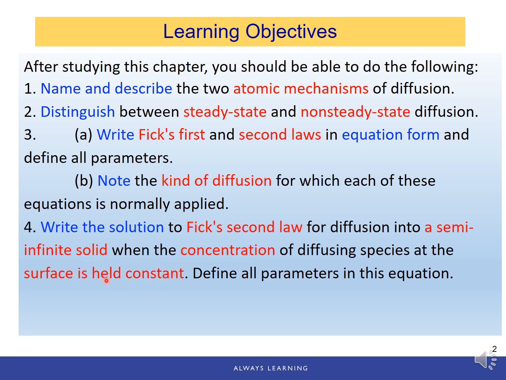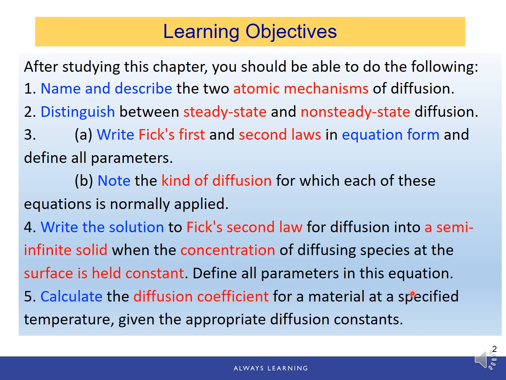So based on that condition, we can write a solution to Fick's second law. And again, you should be able to define all the parameters in this equation. Calculate the diffusion coefficient for a material at a specified temperature given the appropriate diffusion constants.